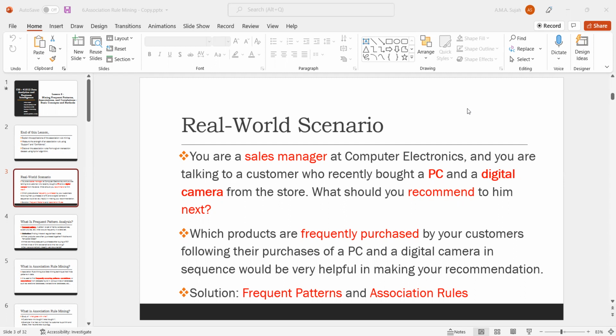As a solution, you need to find some frequent patterns or association rules. That is your ultimate goal throughout these studies. If it is a big shop, you can't manually recommend something. So you need to do some analytical work and find out what the recommended product is whenever someone is buying something. So that is the real world scenario of association rule mining.